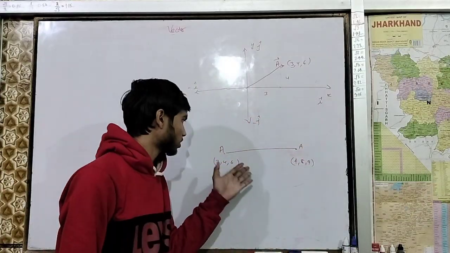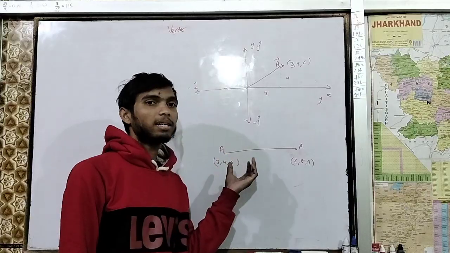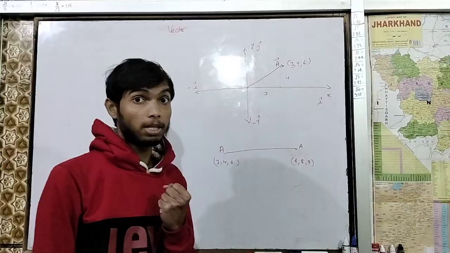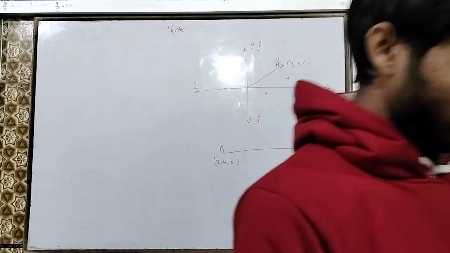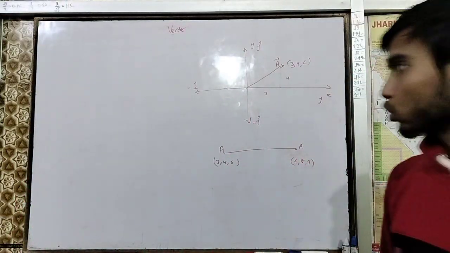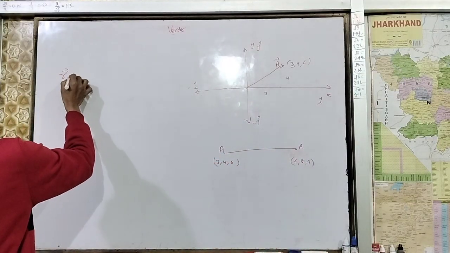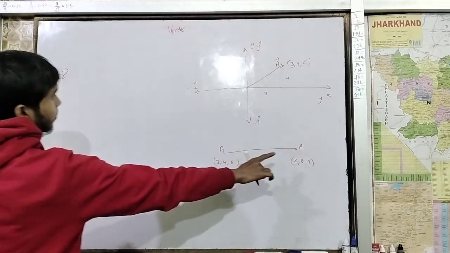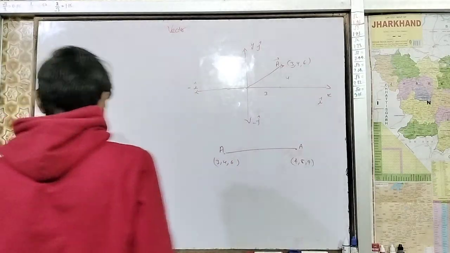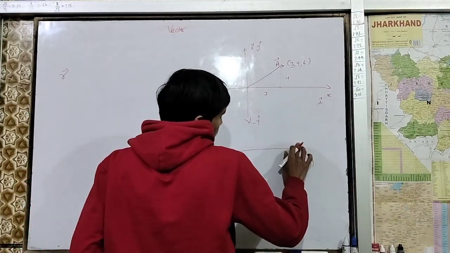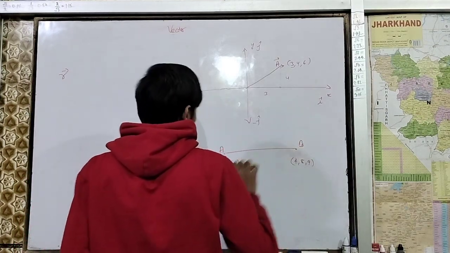So how much displacement did this particle cover? Let's say now the name of this location is B.